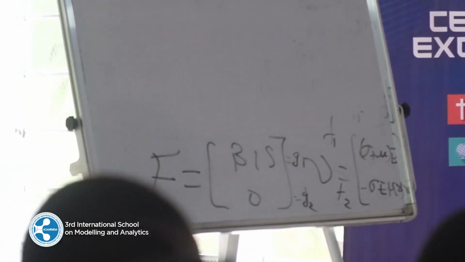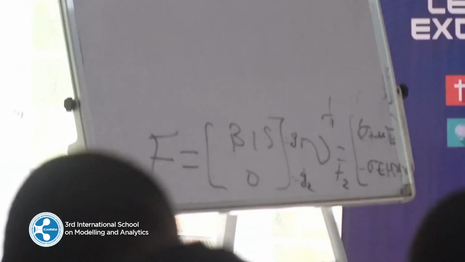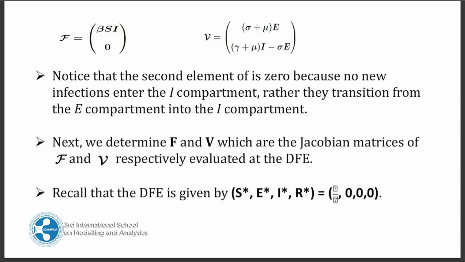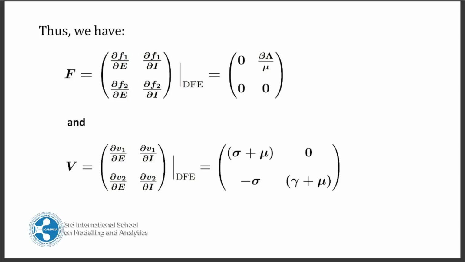So maybe I should quickly run this up through the slide. Let's see. So we have this. Then we are going to get our F and V. Look at it. The F1, the E, the partial derivative of this, I think is the same.